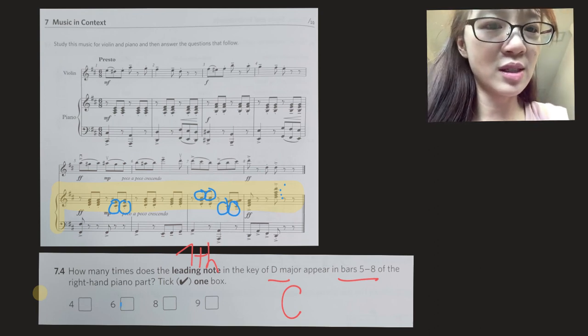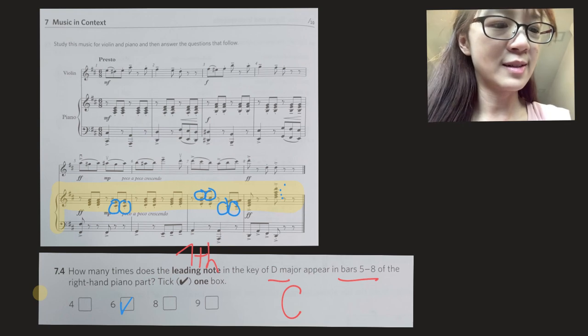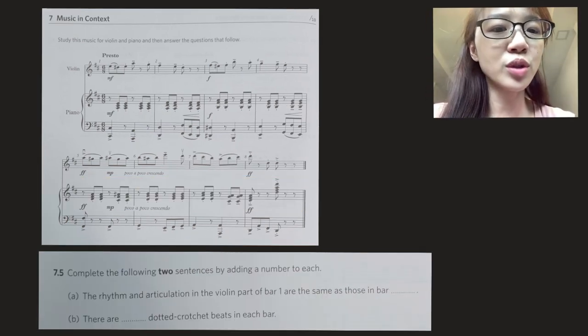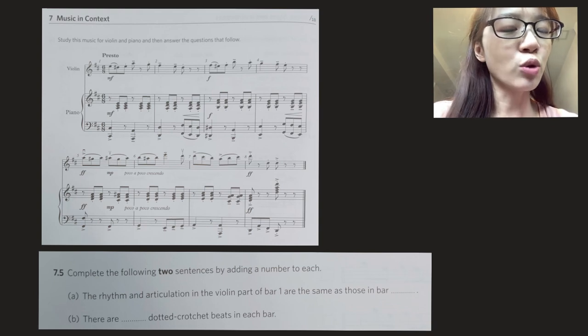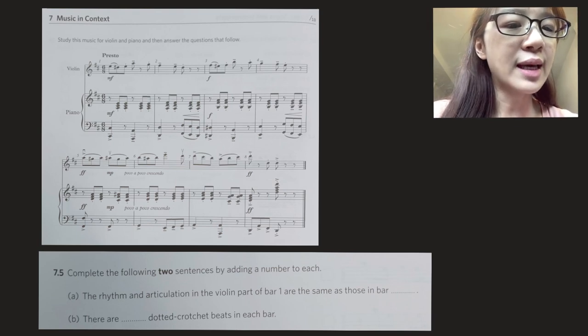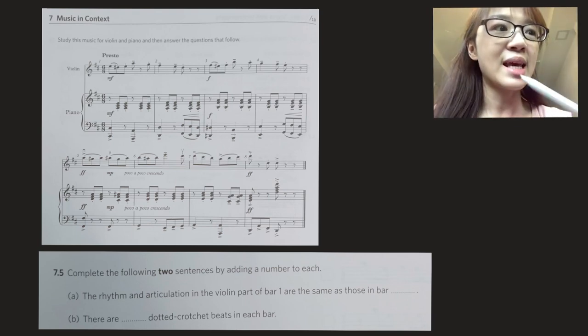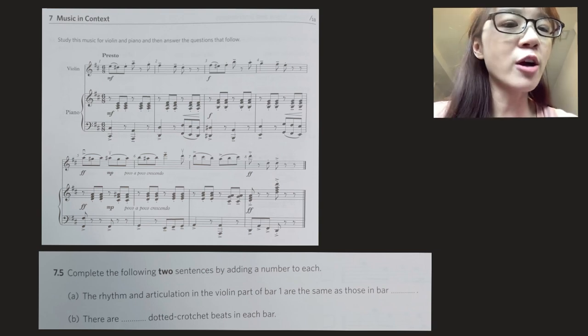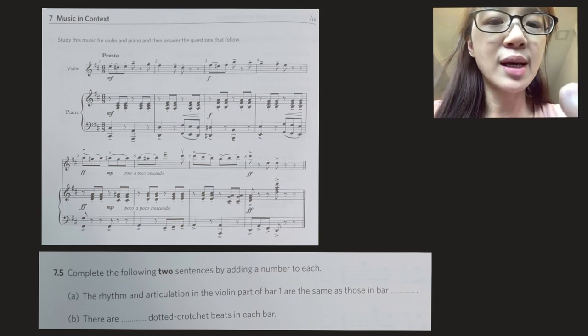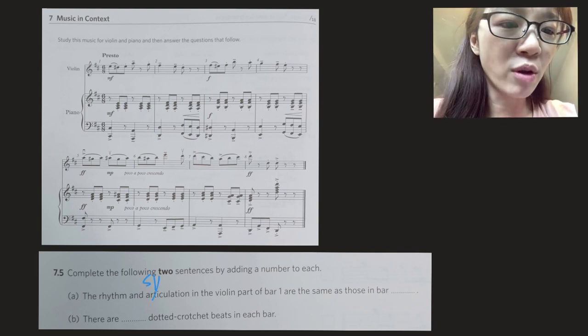The answer is 6. For the last question, 7.5, the student is required to complete these 2 sentences by adding a number to each. Rhythm and articulation. Rhythm means quaver, crotchet, and articulation means the symbols.